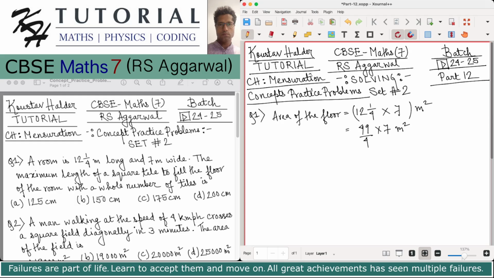This area has to be covered with some whole number of tiles, and it is asked what will be the maximum length of the square tile.